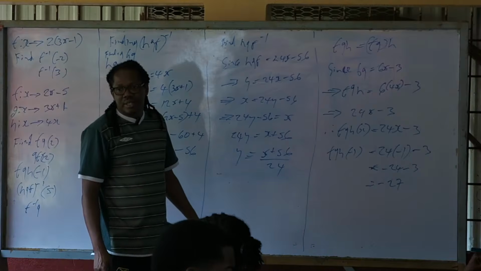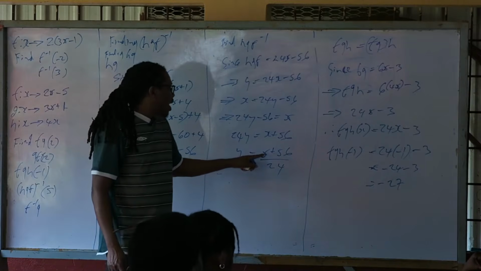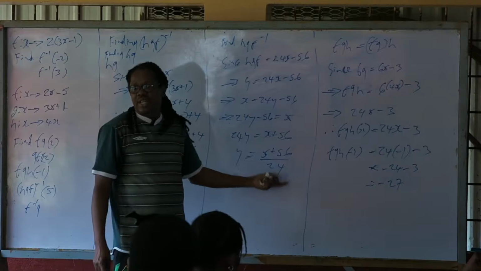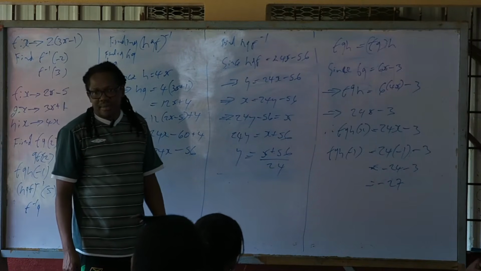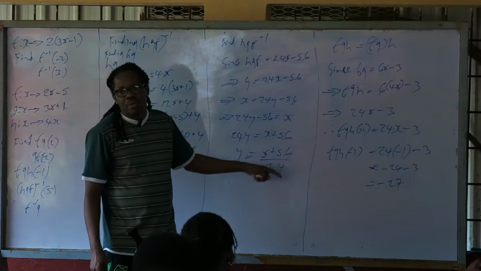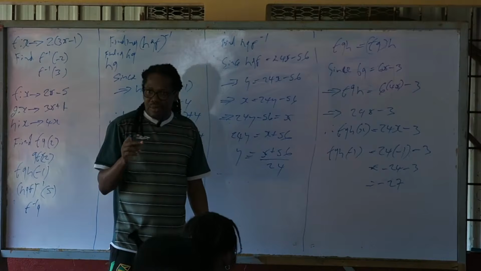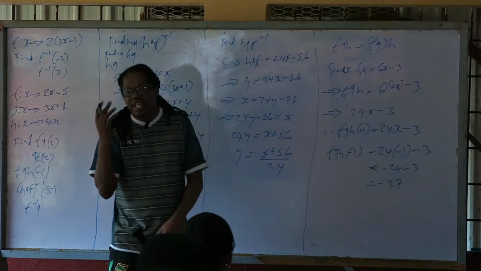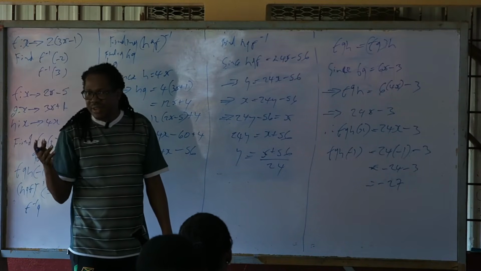If it was x times 56 now, it would be 56x and they could have divided by 24. Because this must have a single outcome for this to divide into it. So 56x is a single outcome, but x plus 56 is not a single outcome. It's an undefined outcome. Everybody understand the difference?